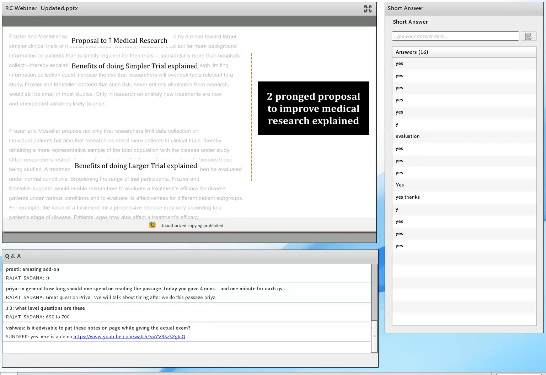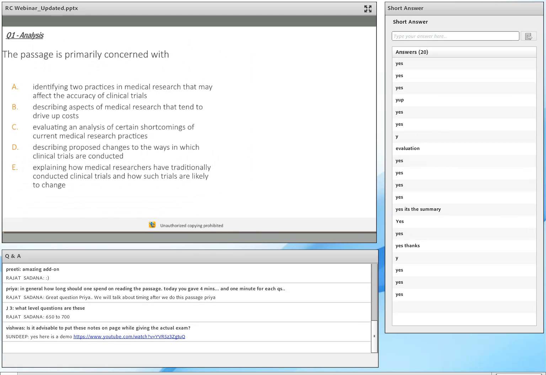Yeah, it's fairly simple. All right. There is a two-pronged proposal to improve medical research, and what those proposals are is explained in the passage. So let's look at the various answer choices and figure out which one is correct.